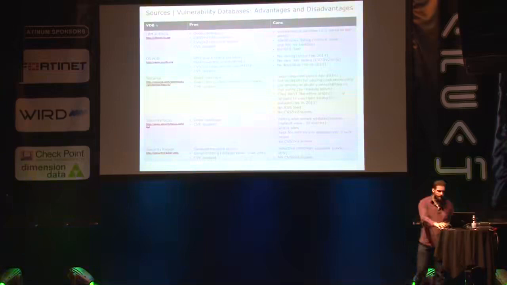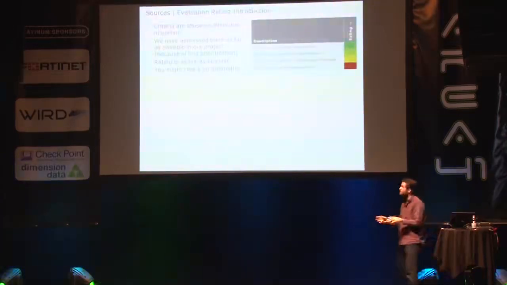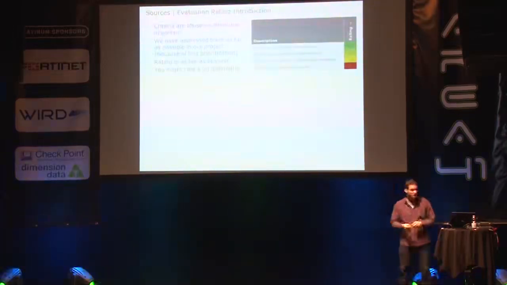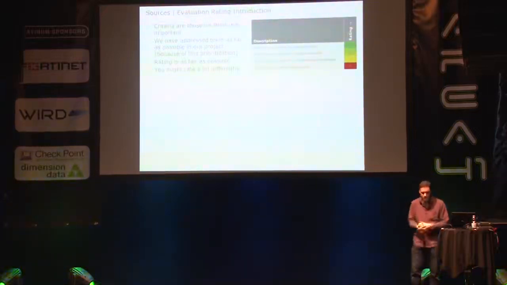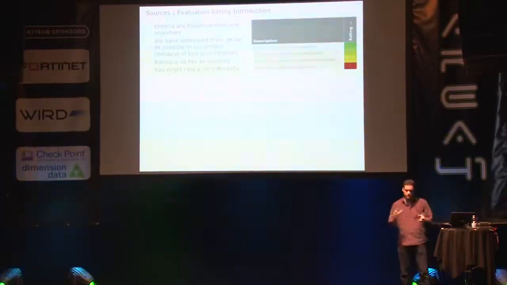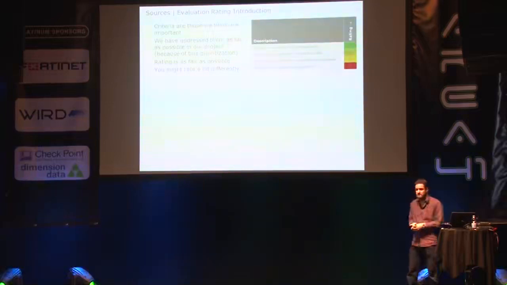I've tried to rate these different vulnerability database sources. 3 means that the source is supporting this feature often or fully. Number 2 is just partially supported. 1 is sometimes, and 0 is that the source isn't supporting this.